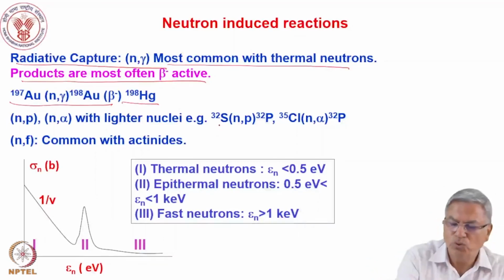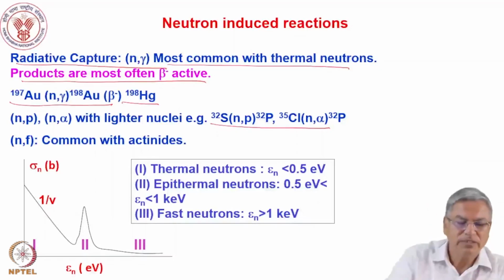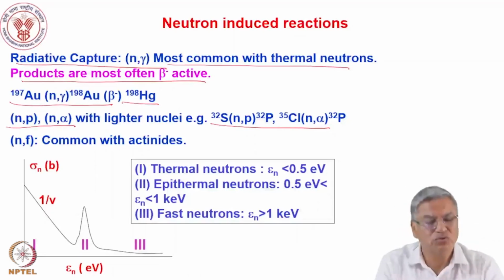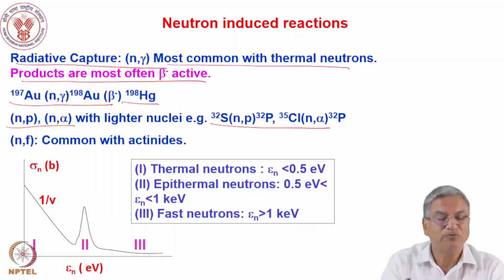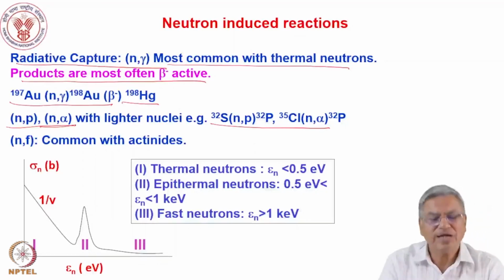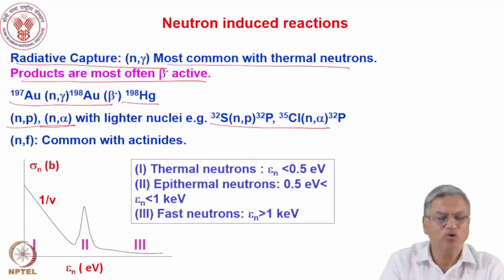But when it comes to low Z target nuclei, sulfur, silicon, magnesium, then you will find reactions where charged particles are emitted: n,p reaction, neutron capture followed by proton emission, and neutron capture followed by alpha emission. These reactions are possible with low Z target nuclei, because the Coulomb barrier for emission of protons and alphas is not very high.